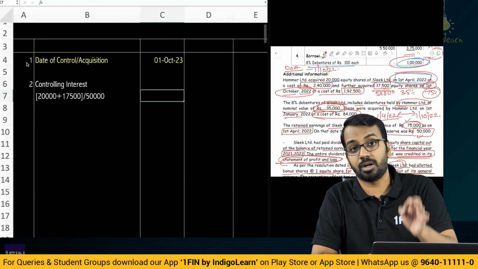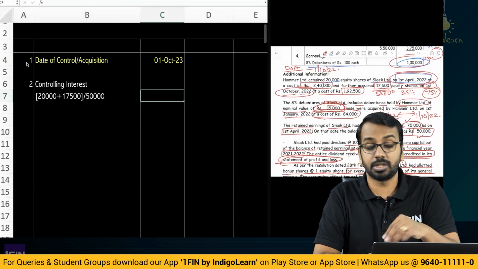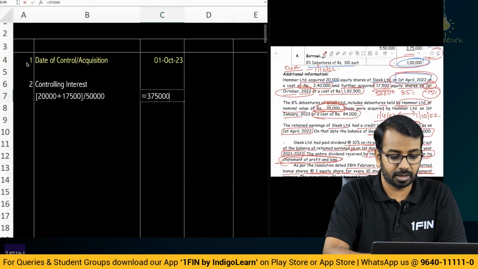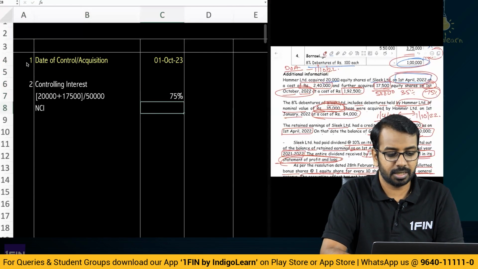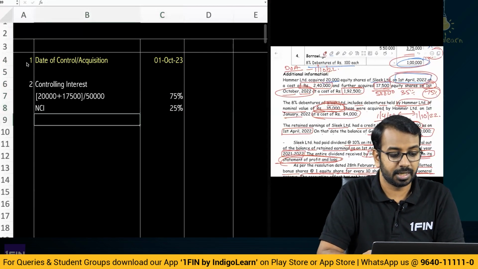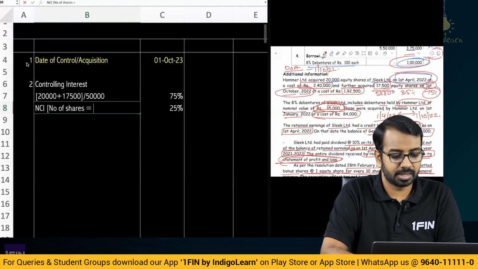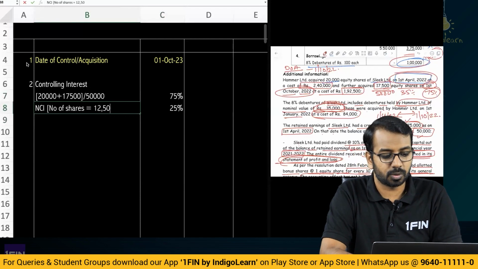And we are calculating the controlling interest on the date of acquisition. Even if bonus is issued, the percentage does not change. So 37,500 divided by 50,000, we get 75%. Non-controlling interest is 25%. Now non-controlling interest, number of shares, is equal to 50,000 minus 37,500, that is 12,500.